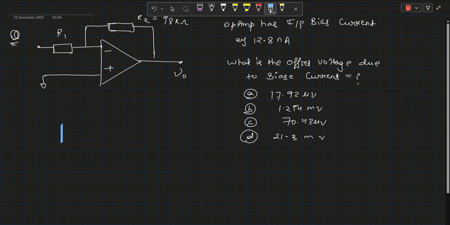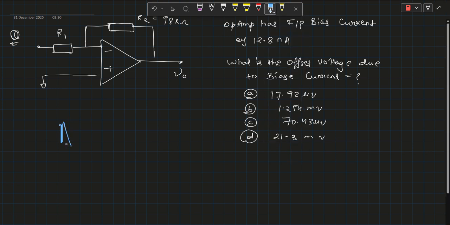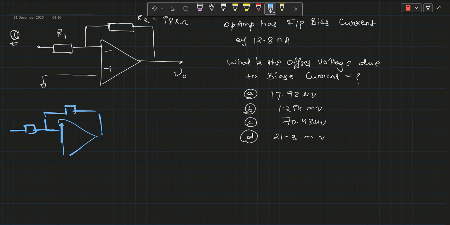Suppose there is an op-amp and we are not applying any input. So the input is zero and this voltage is also zero.